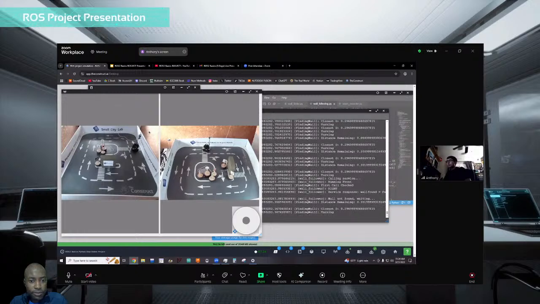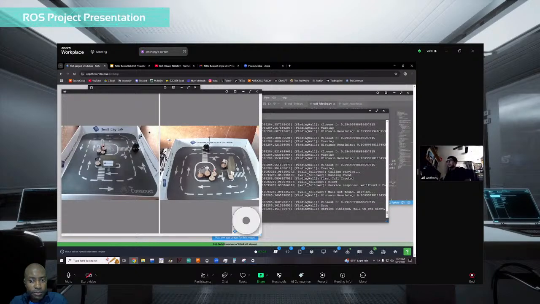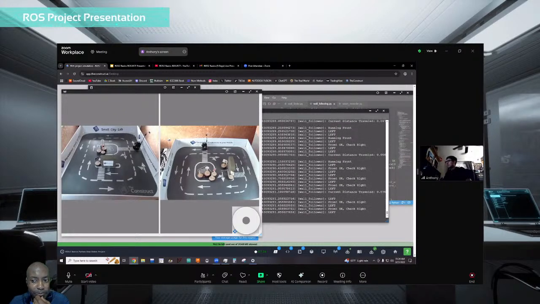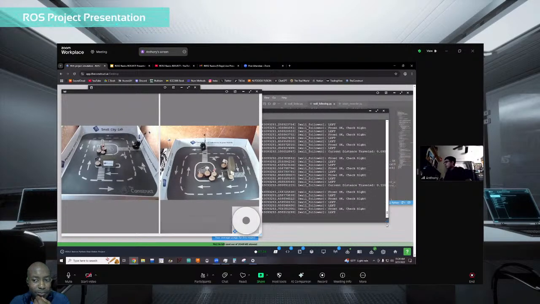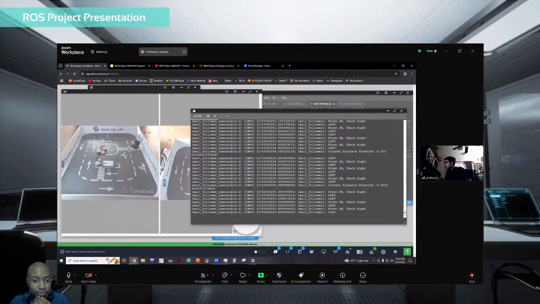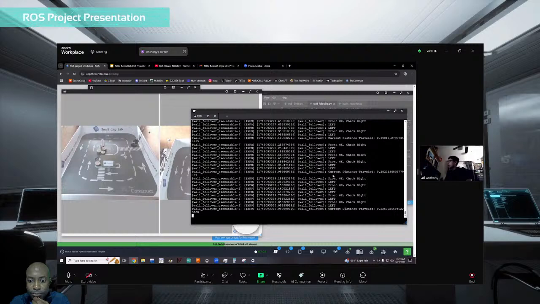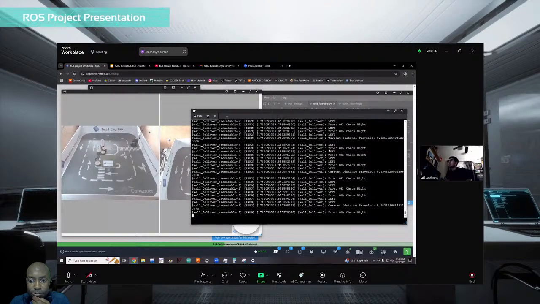Once it starts, I can explain a few things because it takes about 5 minutes. Okay. So as you can see, it is starting to wall follow. The distance traveled is here. These other prints here are just the conditions that the robot's going through.